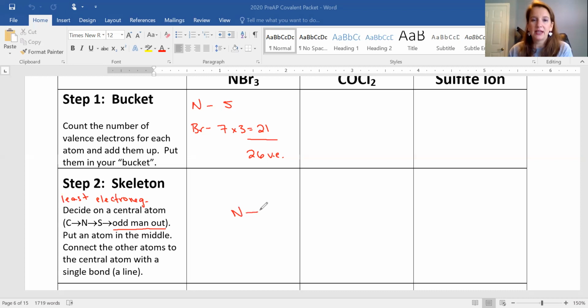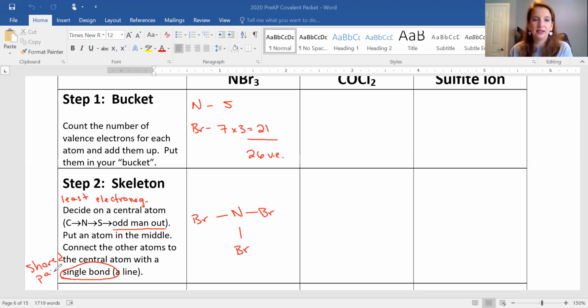We're going to connect everything else to it with a single line. So we'll connect all of the Brs to it with a single line. It doesn't matter which sides you put them on. If you wanted to put one on the top, that's fine. Just make sure everything is connected to it by a single line. A line represents a single bond. Remember from the previous PowerPoint presentation, a bond is a shared pair of electrons.